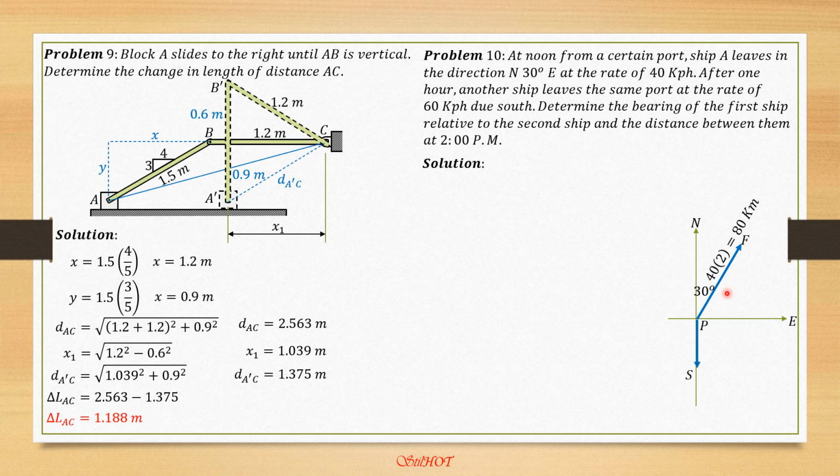Then for the second ship due south, its distance traveled from the port is 60 kilometers per hour times only 1 hour because the travel time of the second ship is 1 hour only. So 60 times 1 is 60 kilometers. So we have here distance SF after 2 p.m. and let's call this angle beta.